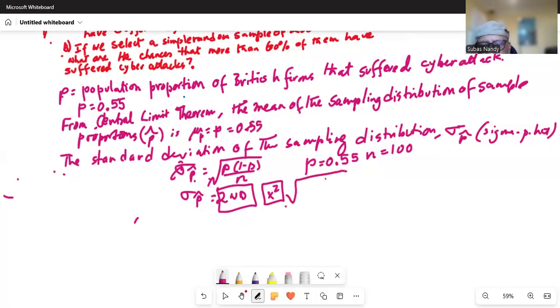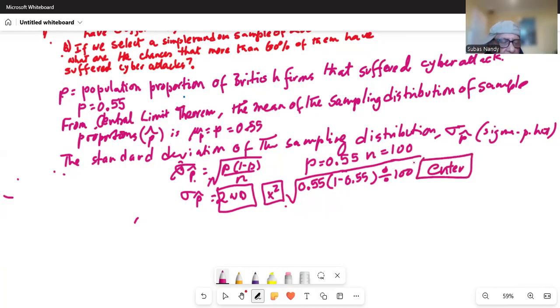Inside the square root I type 0.55, then left parenthesis 1 minus 0.55, divided by the sample size 100, and then hit enter once.